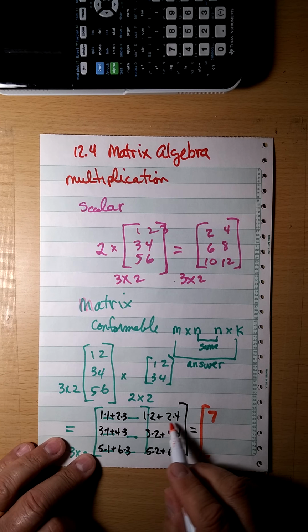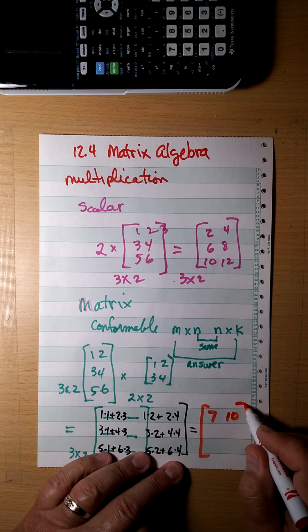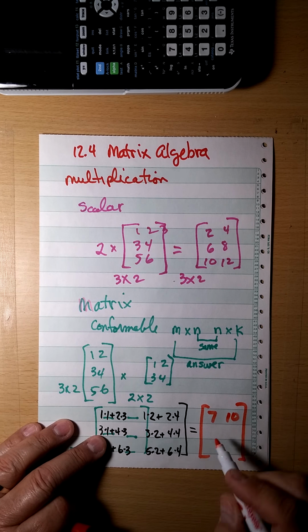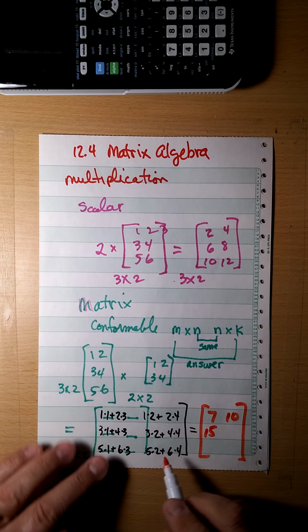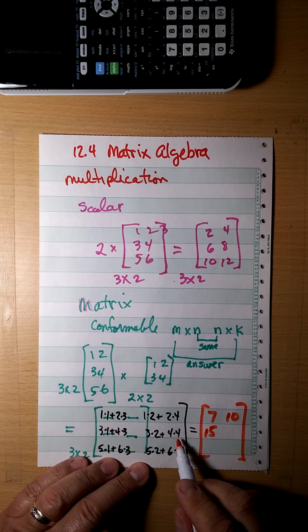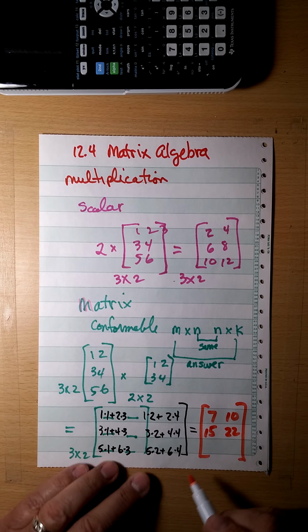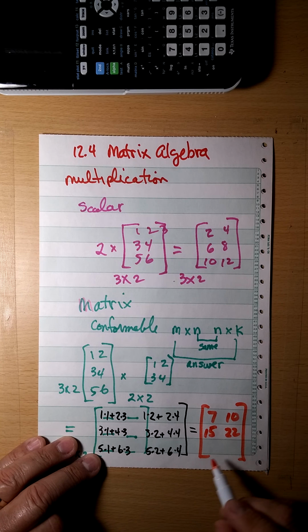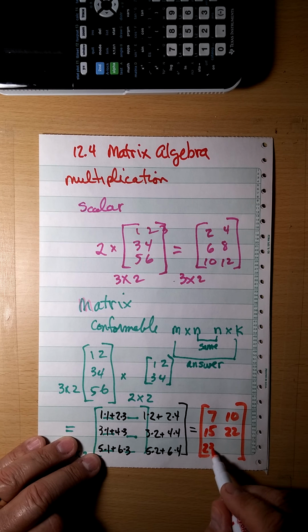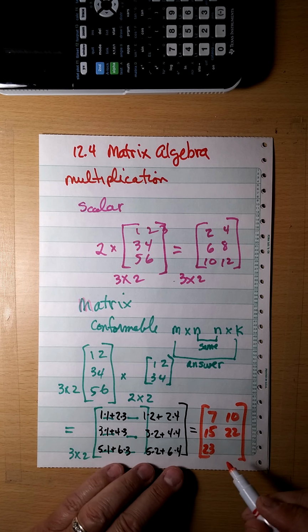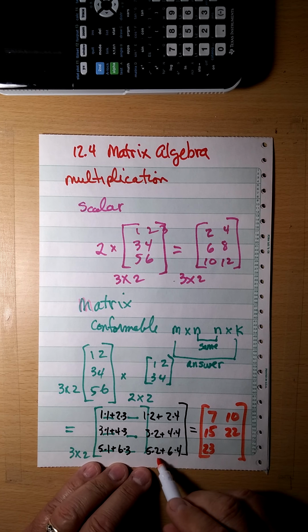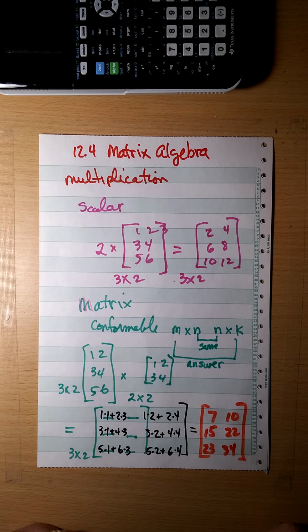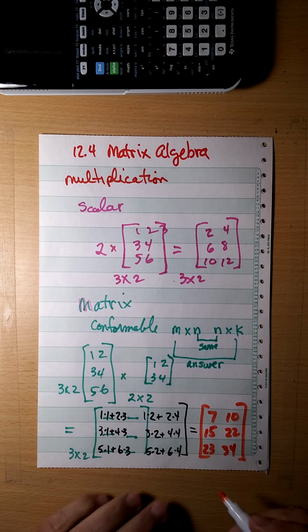This is 2 plus 8, or 10. 3 plus 12 is 15. 6 plus 16 is 22. 5 plus 18, 5 and 18 is 23, right? And 10 and 24 is 34. This is a 3 by 2.